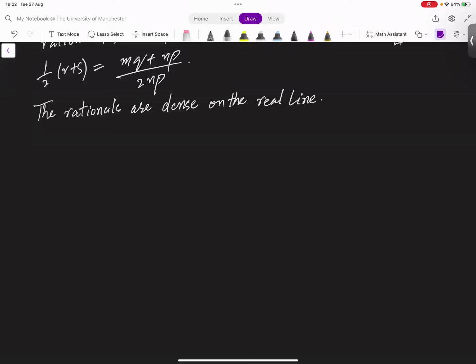And in topology, you will learn what we mean by dense in this sense. But do they in fact fill out the whole line?